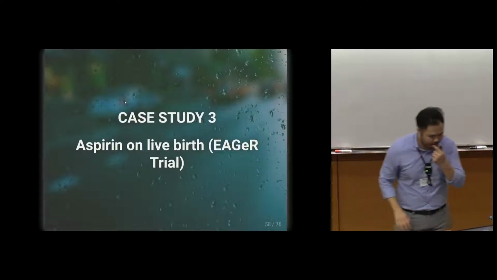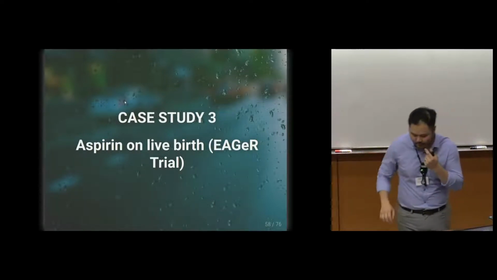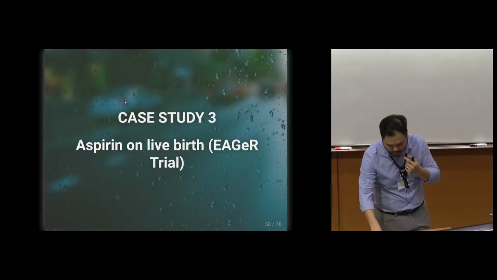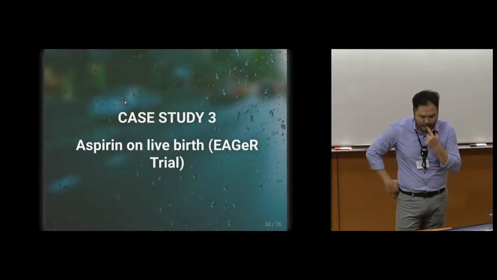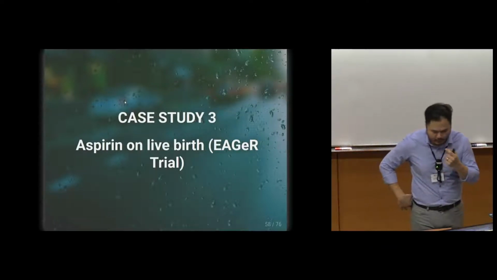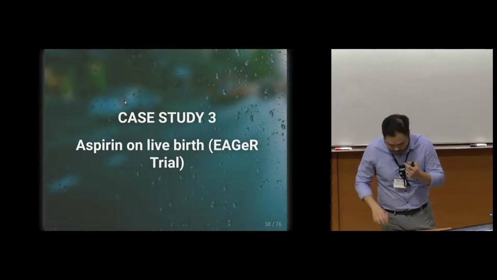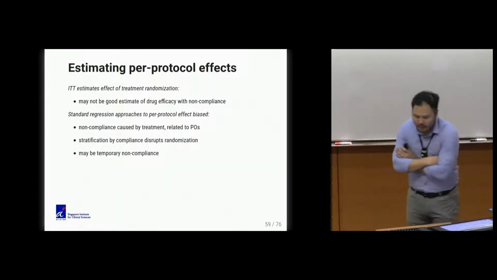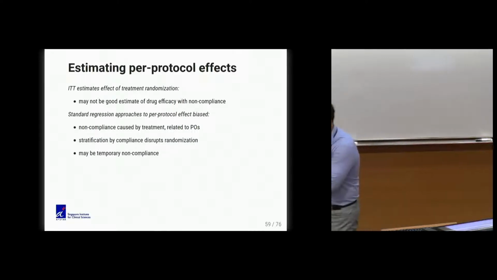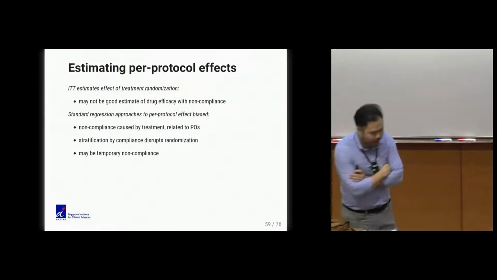Last case study, and this will be the most complex one, and I think this is the extent to which most will apply the G formula to try to answer. So just a little bit of review for those who aren't familiar with randomized trials.